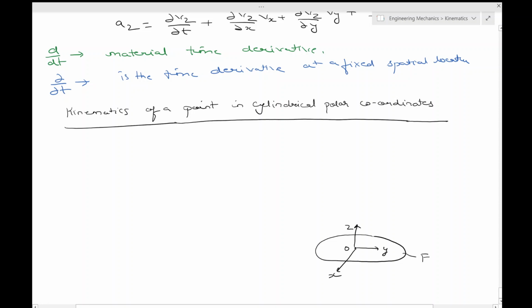There's this point P, the material point P. Again to repeat, it's inside a rigid body, one point of interest for now. This is Rp is equal to R of t.